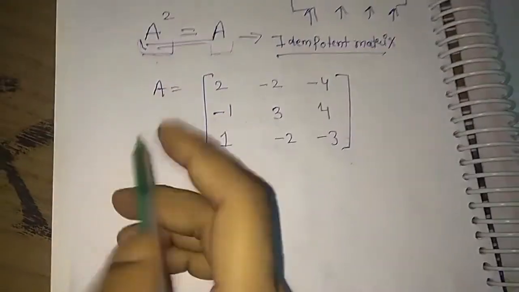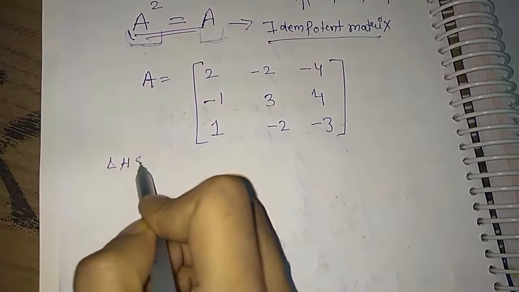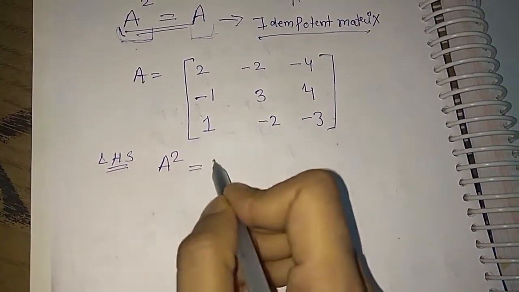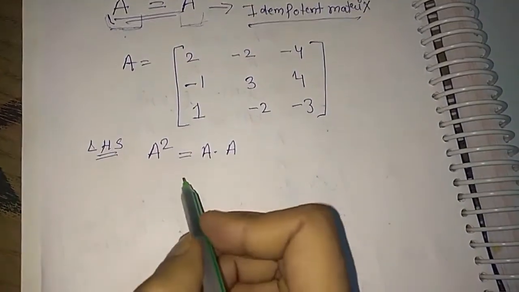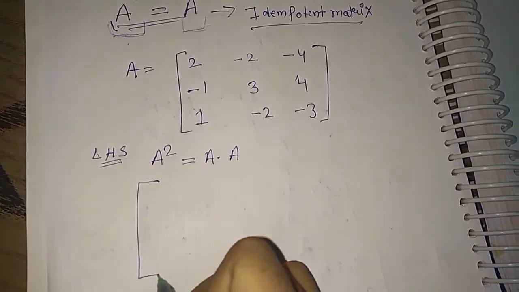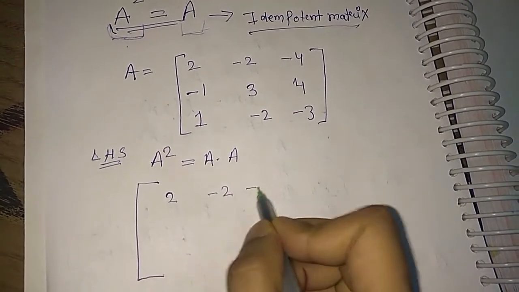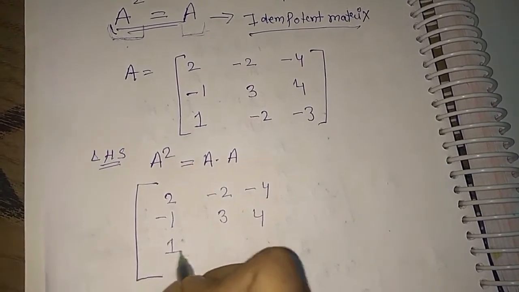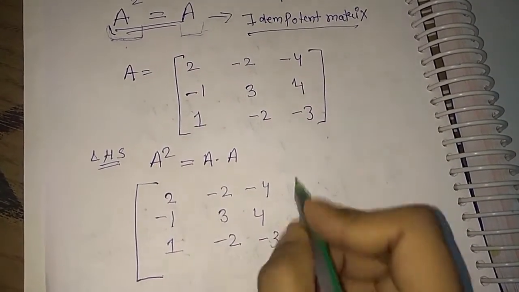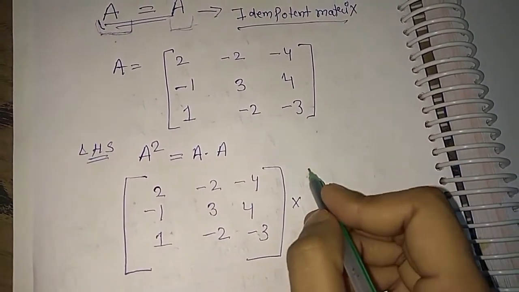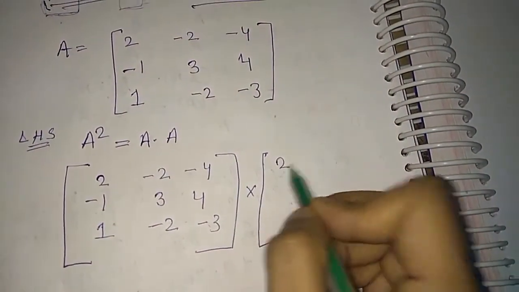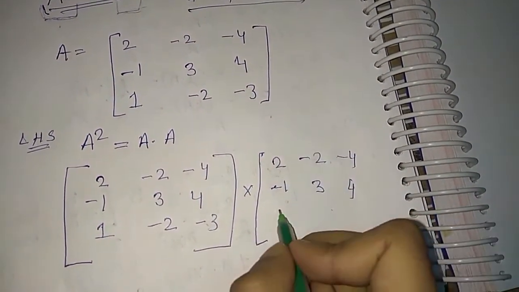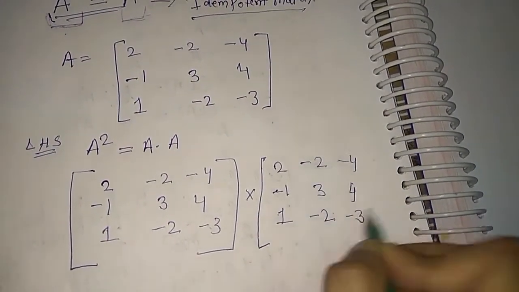For the left hand side, we have A squared, which we can write as A into A. So let's write this matrix again, 2 minus 2 minus 4, minus 1 3 4, 1 minus 2 minus 3.